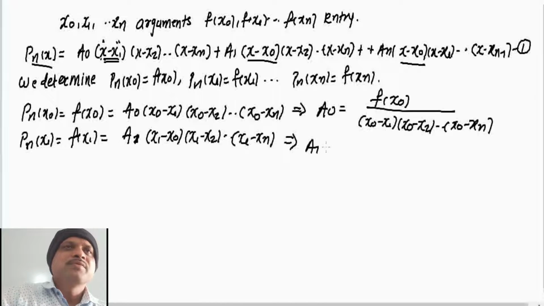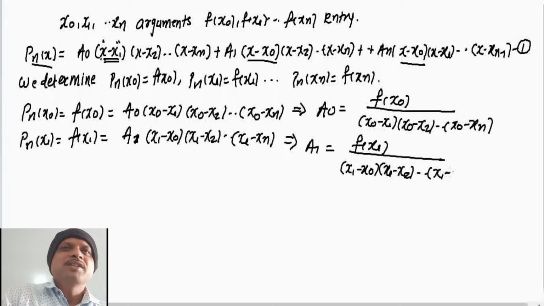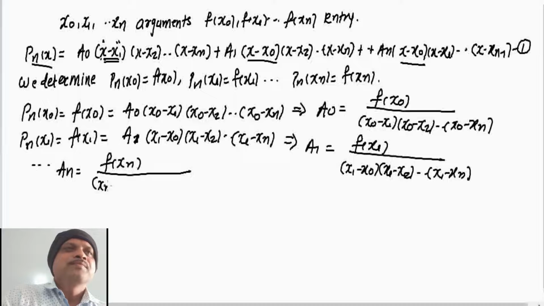So from this we get that a1 equals f of x1 divided by (x1 minus x0)(x1 minus x2)...(x1 minus xn). Similarly, by continuing in this manner we get an equal to f of xn divided by (xn minus x0)(xn minus x1)...(xn minus xn minus 1).